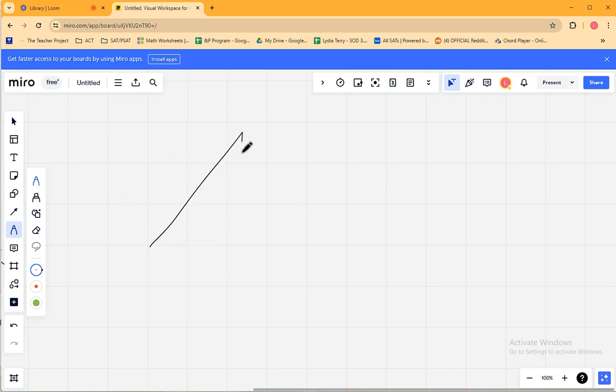Let's talk about the tangent of 30 degrees. Okay, if you don't know what the tangent trigonometry ratio is, go watch the trig video, but we're going to talk about the tangent of 30 degrees. The 30, 60, 90 triangle has ratios, and this is one of the ratios of a 30, 60, 90 triangle.